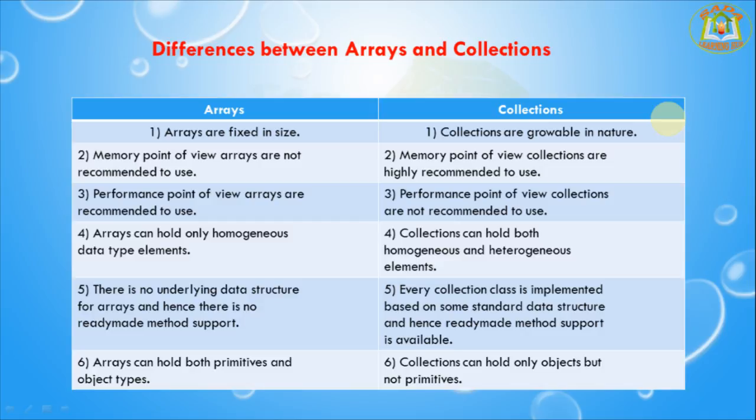For arrays, there is no underlying data structure, and hence there is no ready-made method support. But in collections, every collection class is implemented based on some standard data structures, and hence ready-made methods are available. Arrays can hold both primitives and object types, but collections can hold only objects, not primitive types.